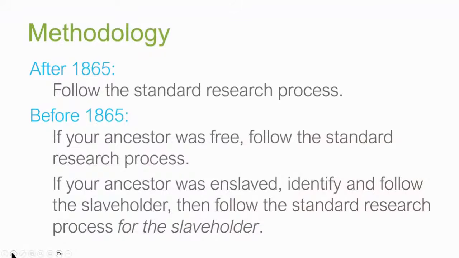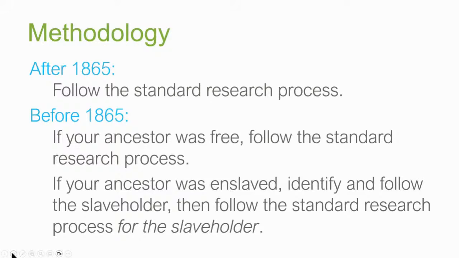At the risk of grossly oversimplifying things, African American genealogy research basically has 2 categories: after 1865 and before 1865. 1865 is important because it marked the official end of slavery in the United States. Laws regarding African Americans, both free and enslaved, before and after that time differed greatly.